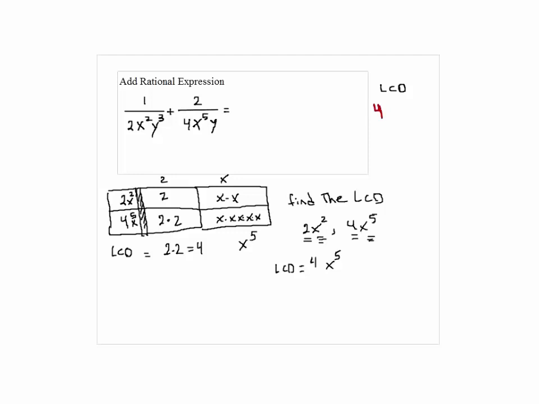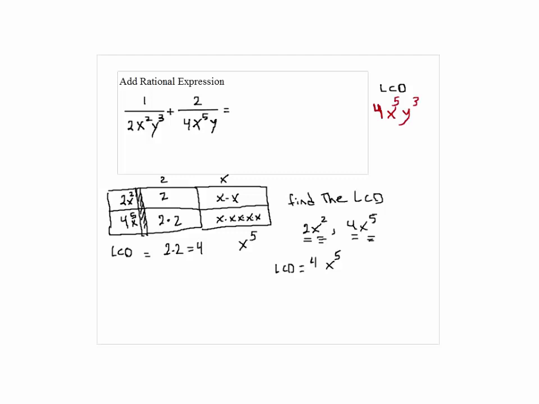I see Brian just joined us. Brian, if your microphone is working, can you tell me what's the LCD between these two? Let's try your microphone. X to the 5th. Okay, x to the 5th, and continue. How about the rest? Y to the 3rd. Very good.